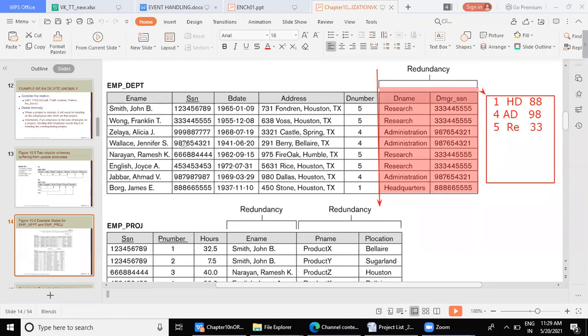You have the employee table on the left side and the department table on the right side. This is how the tables are stored in your database management system.